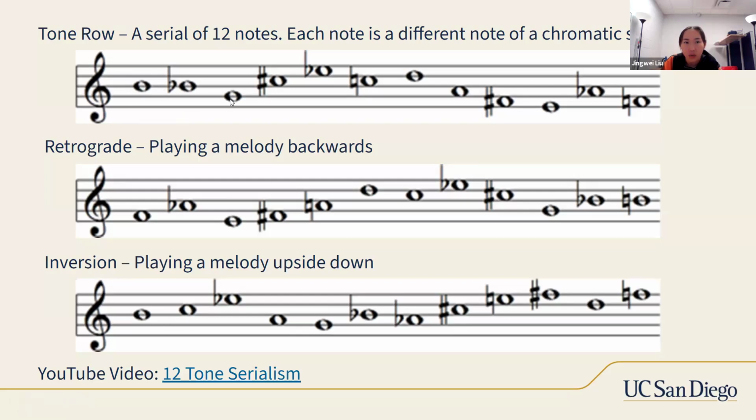Here we can see, based on the intervals with the first note, we simply flip or mirror the tone roll to invert it. And transposition is much easier. We just transpose this tone roll up or down in parallel.